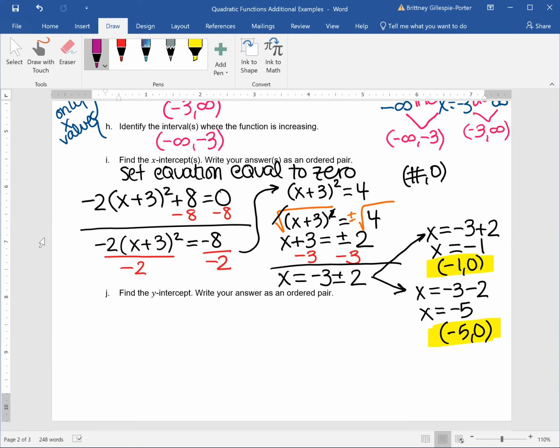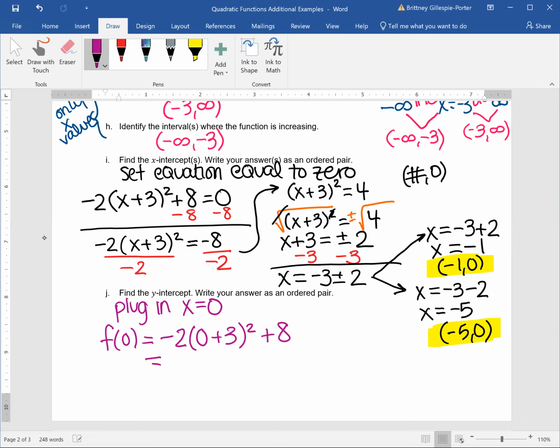Y-intercept. To find the x-intercept, we plugged 0 in for y. To find the y-intercept, plug in x equal to 0. So we're trying to find f of 0, which is -2 times 0 plus 3 squared plus 8.